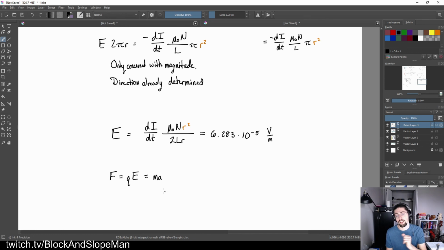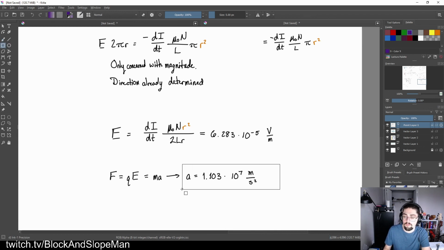The charge of the electron is another given value. We have the electric field. Plug in all those numbers together, we should find that the acceleration is 1.103 times 10 to the 7th meters per second squared. And that's it for that problem. The last whiteboard of the semester.